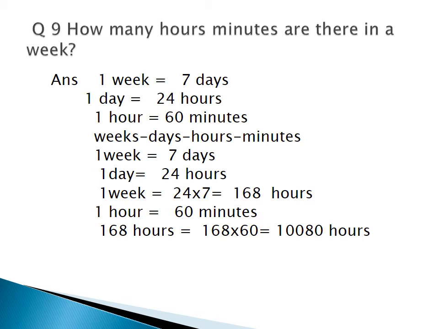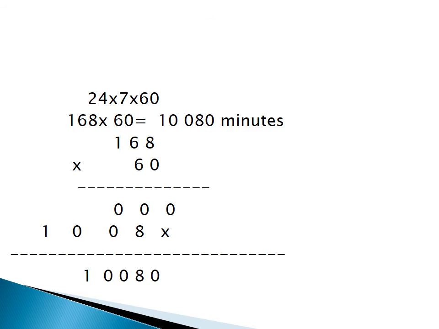Now we will change hours into minutes. 1 hour is equal to 60 minutes. 168 hours is equal to 168 multiplied by 60. Let's do the multiplication. 24 multiplied by 7 is equal to 168.